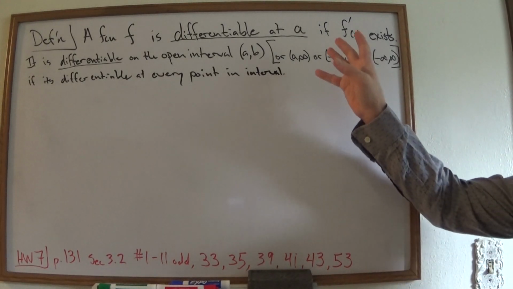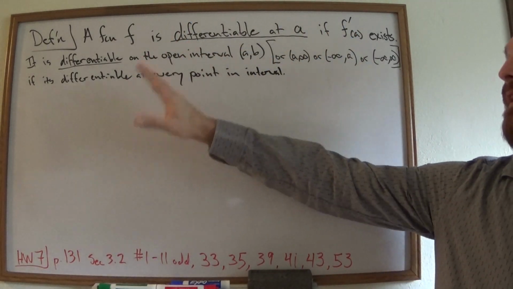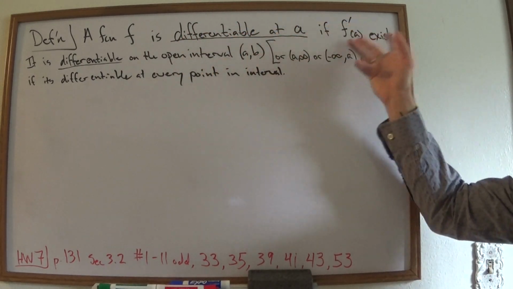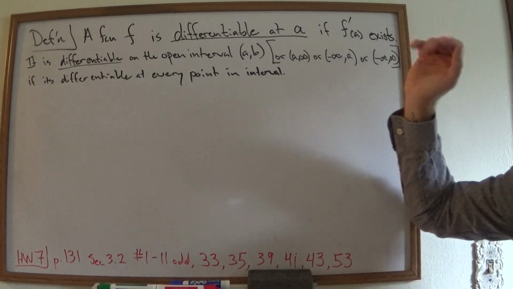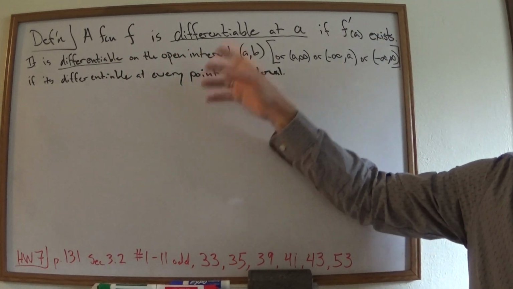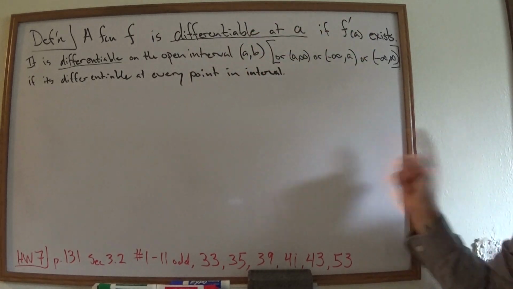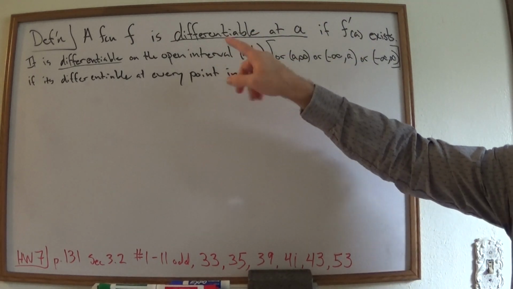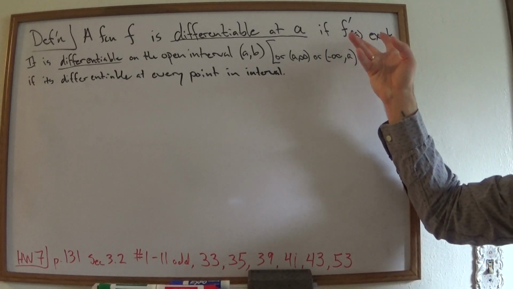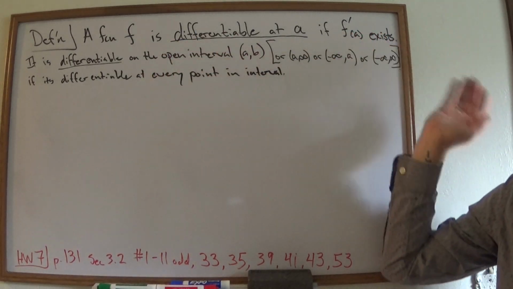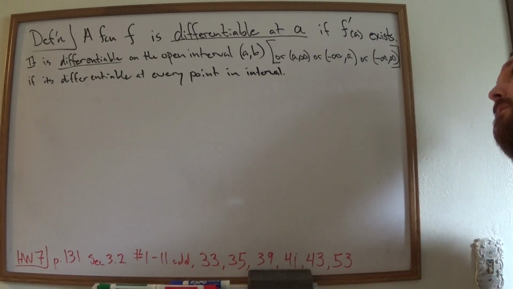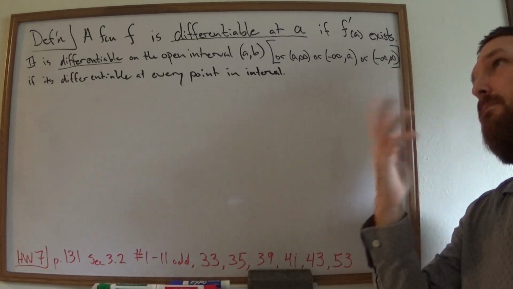Remember, a function is continuous at a number if the limit there exists, and it's continuous on an interval if it's continuous at every point in the interval. Same thing here. It's differentiable at a number if that limit exists, and it's differentiable on an interval if it's differentiable at every point in the interval. Does that make sense?